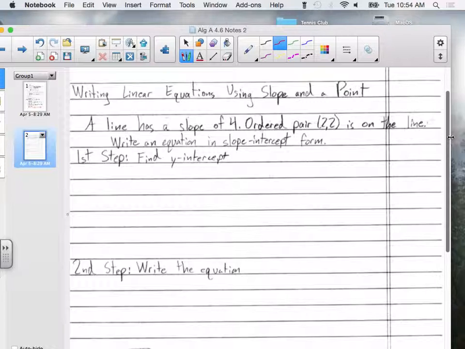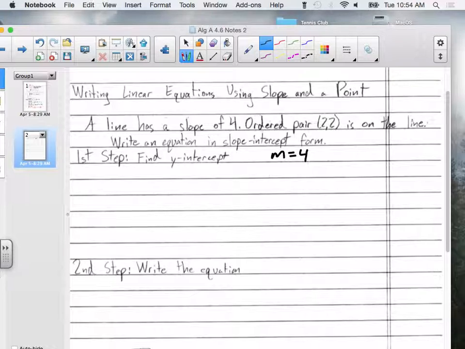So first things first, what is our m that they tell us? 4. What's our y-intercept? 2, because it says ordered pair 2, 2. What's our y-intercept? What is our x value when we have a y-intercept?